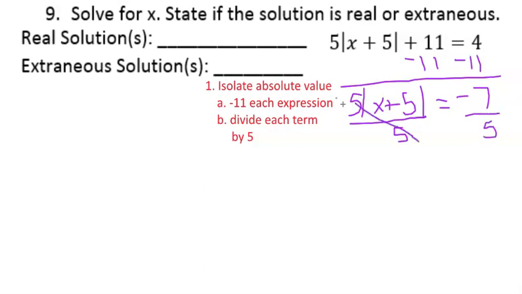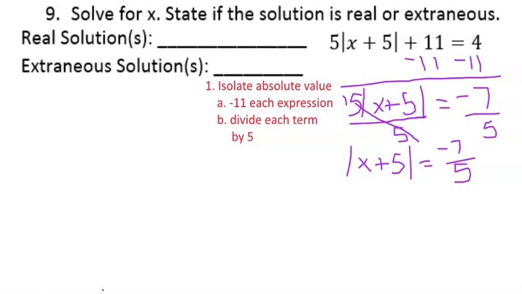So 5 divided by 5 is 1. So we have 1 absolute value of x plus 5 equals negative 7/5. So now we've isolated our absolute value. We're going to set up our two equations and find our two solutions.